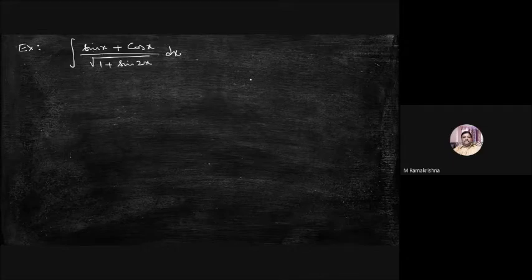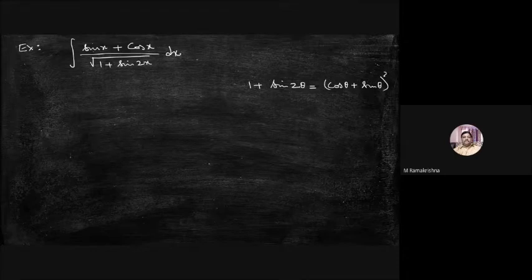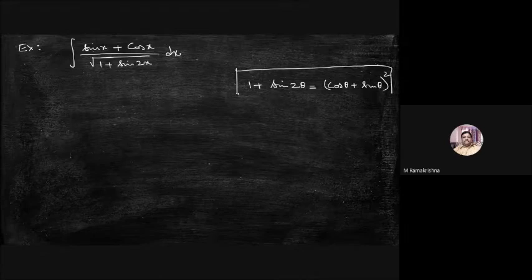Now, 1 plus sine 2 theta can be written in the form cos theta plus sine theta whole square. You can remember it as an identity, or you can simplify it by opening 1 as sine square theta plus cos square theta, plus sine 2 theta equal to 2 sine theta cos theta, and you'll get it. So directly I'm adopting that because already we have previous knowledge of that.